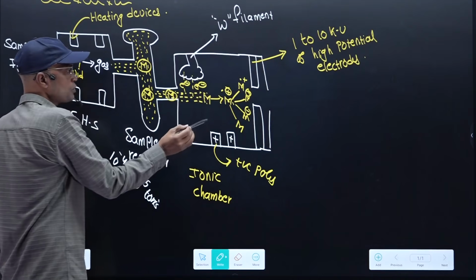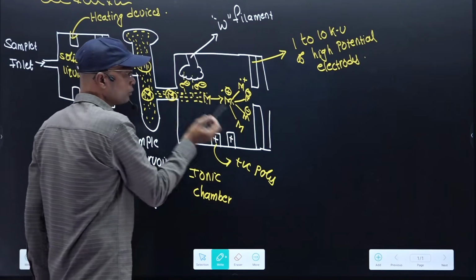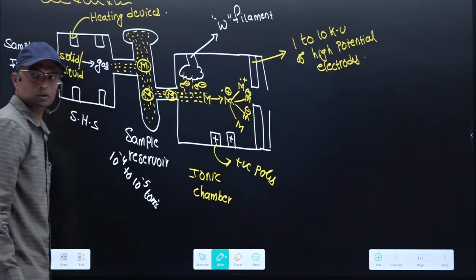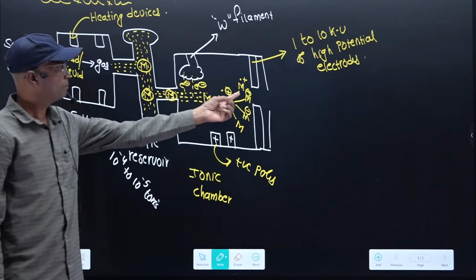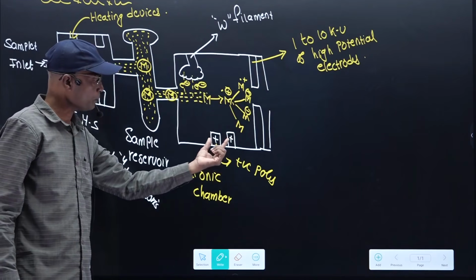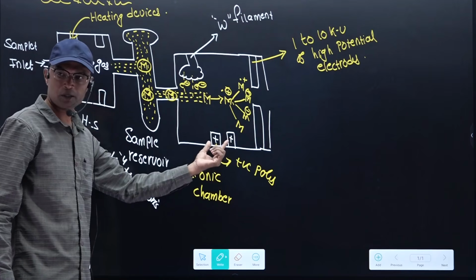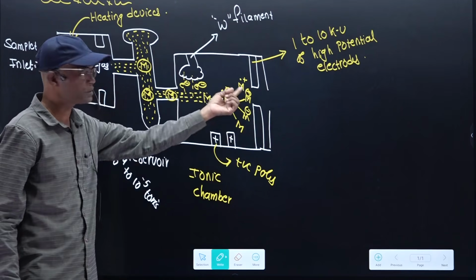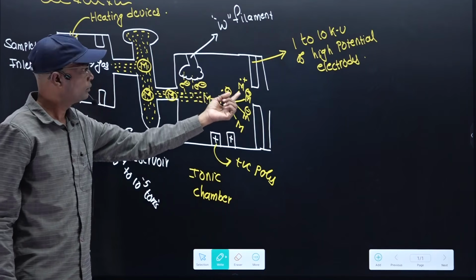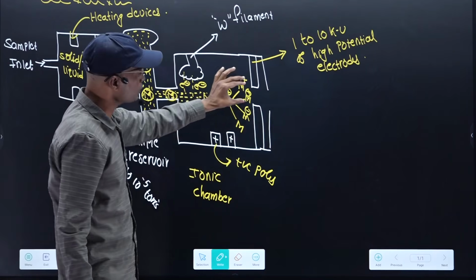The same energy is sufficient to break this molecular ion into further ions. You may expect various types of ions, called molecular ion, cation, negative ion and neutral. So we have introduced positive poles within the ionic chamber. These positive poles will push the positive charge, radical cation and cation, and they will enter this small outlet.